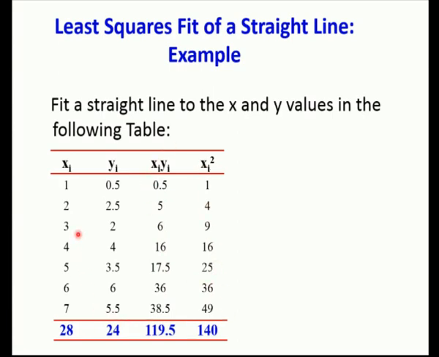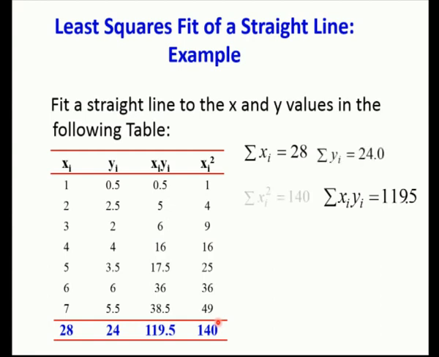So, you need summation xi, that is 28, summation yi, that is 24, the summation of the cross product term xi yi, that is 109.5, and summation xi squared, that is 140. So, you have all these things: summation xi yi, summation xi, summation yi, summation xi squared. We need the mean x bar and mean y bar.